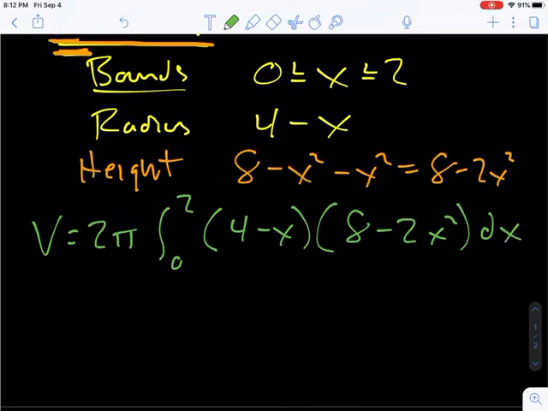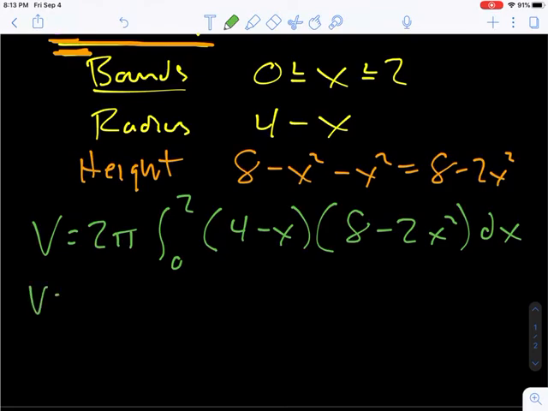And so what I would do now is enter this into Desmos. And I do believe I did enter it into Desmos. I did it on my laptop. I did not do it here. But it is the correct integral. Once you get your integral set up, always just check it in Desmos. And then when you get your final answer, check that against your integral.